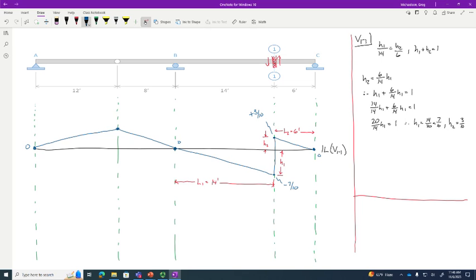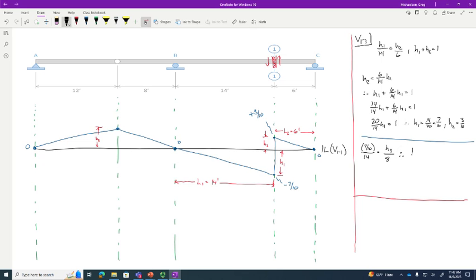So how about this? 7/10 is to 14 as something, we'll call it H3. If you want to have a new term here, we'll call this H3. As H3 is to 8.